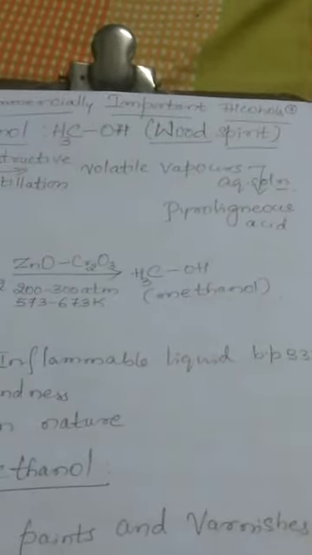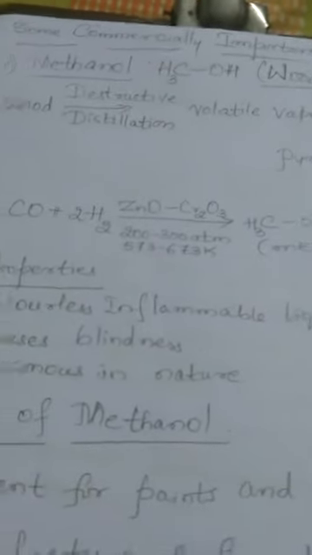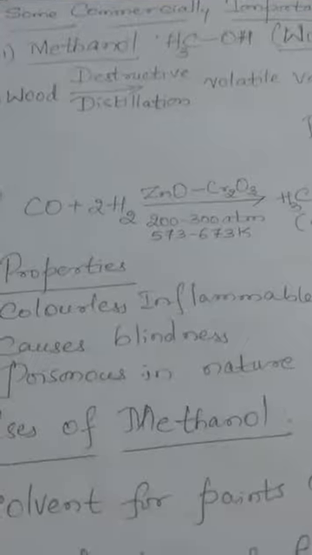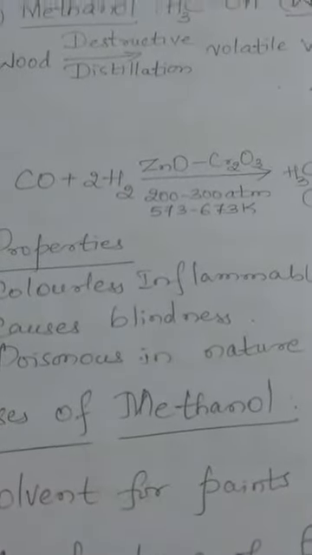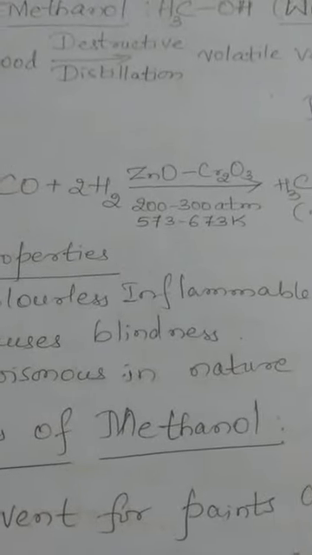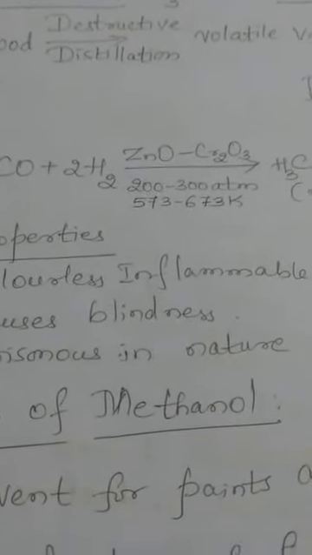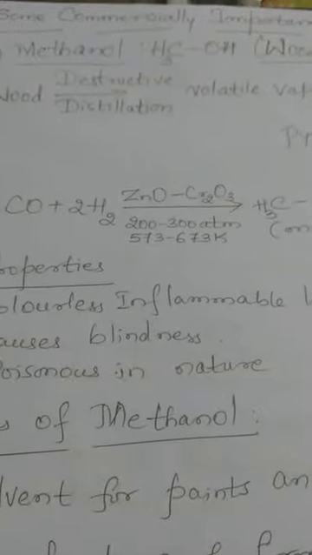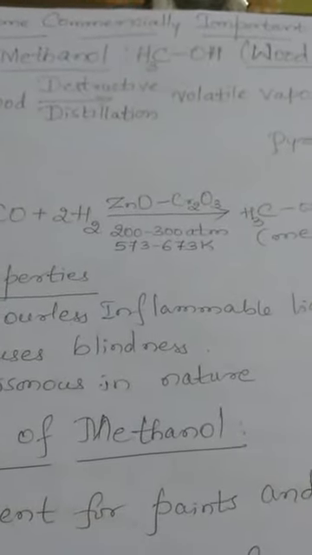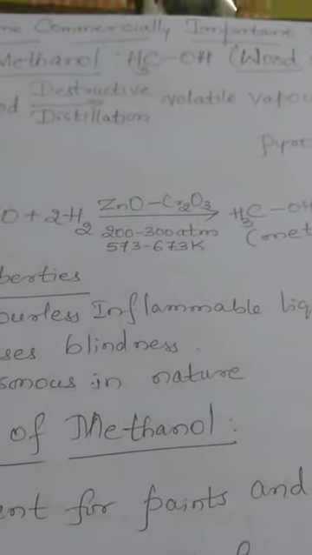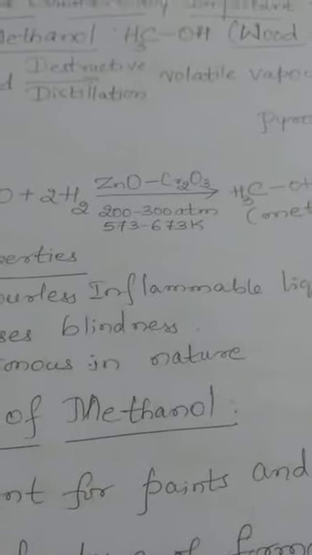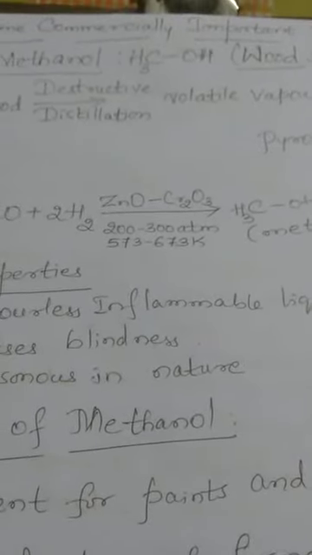Whereas today commercially most of the methanol is produced by the catalytic hydrogenation of carbon monoxide. CO is carbon monoxide at a high pressure of about 200 to 300 atmospheres and a high temperature of 573 to 673 Kelvin in the presence of a catalyst mixture of oxides of zinc and chromium, that is ZnO-Cr2O3.